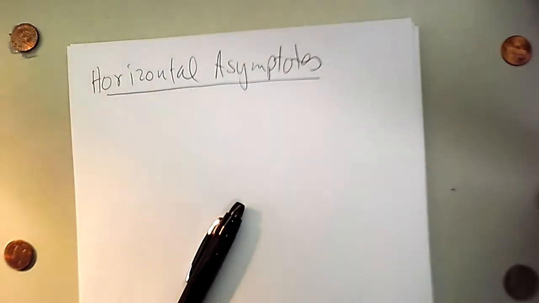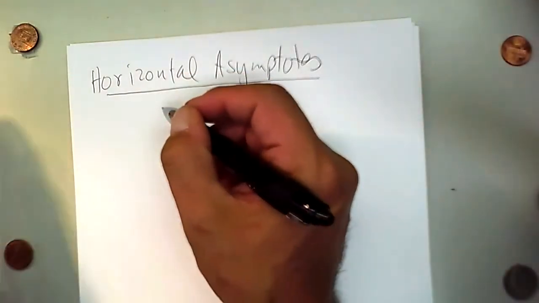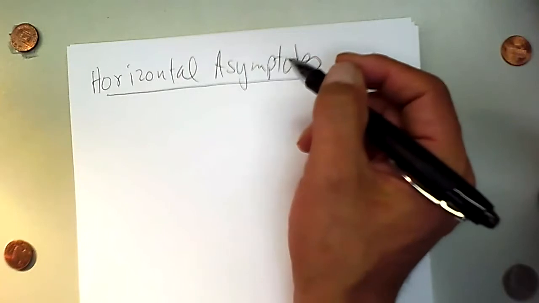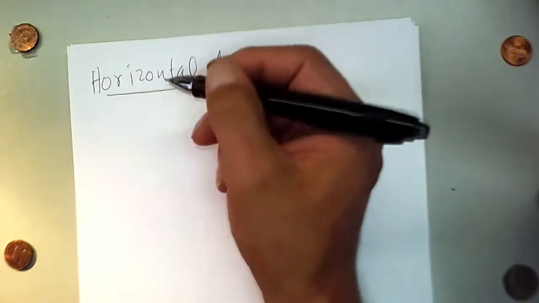Horizontal asymptotes occur invariably when the degree of the denominator is larger than the degree of the numerator. Okay, so actually, that's partially correct. There's more to that. So there's two kinds of horizontal asymptotes.